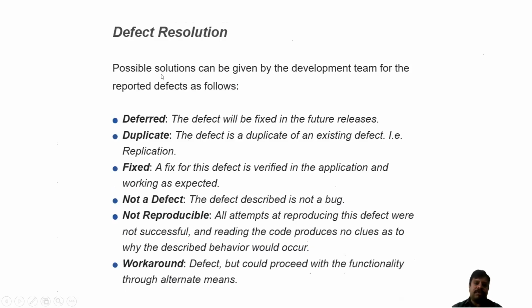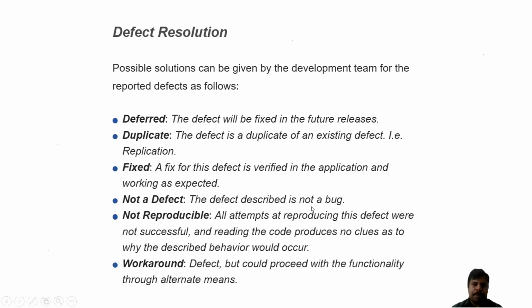And defect resolution. The possible solutions that can be given by the development team for the reported defects are as follows. Deferred, that is, the defect will be fixed in future releases. Duplicate, the defect is a duplicate of an existing defect. Fixed, a fix for this defect is verified in the application and working as expected.